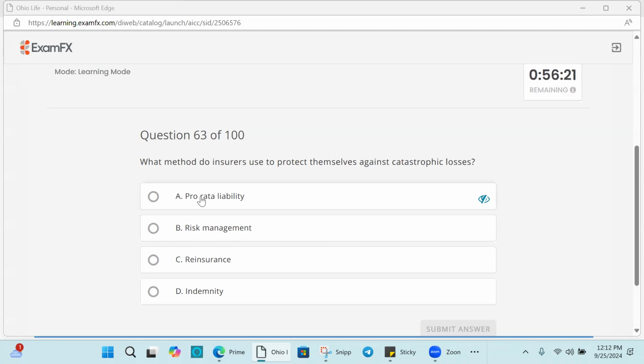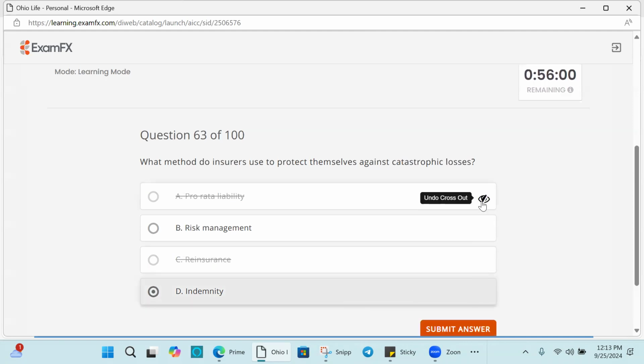All right. What method do insurers use to protect themselves against catastrophic losses: pro rata liability, risk management, reinsurance, indemnity? Not pro rata. Colonel, is this indemnity, or is indemnity what they pay themselves?